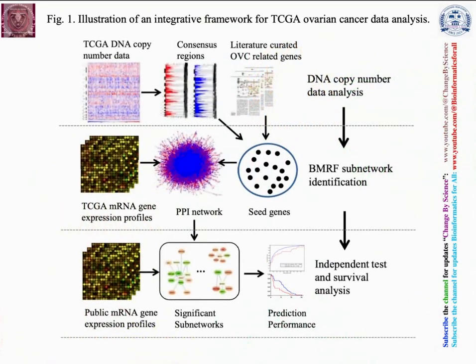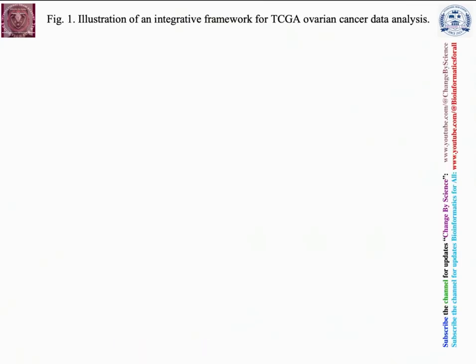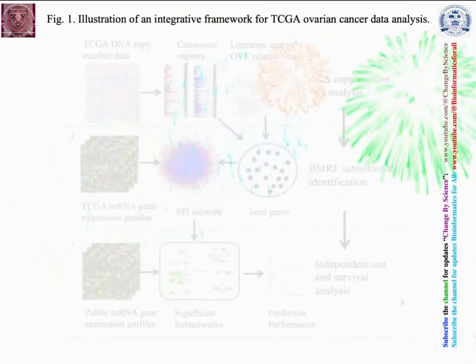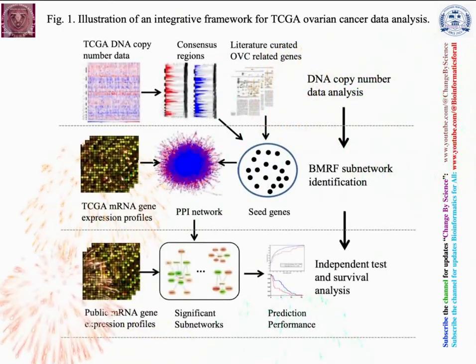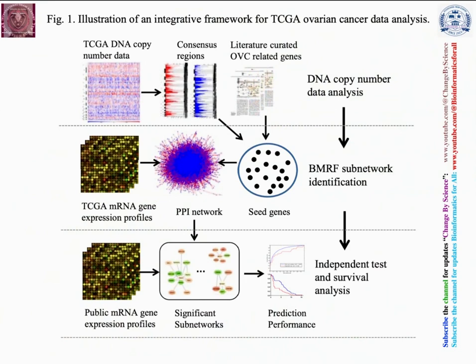You can go for different types of data sets, like the copy number alteration, DNA copy number data, and then, like in this DNA copy number data, you can go for consensus regions, some networks, then significant subnetworks, and go for the clinical survival lists.